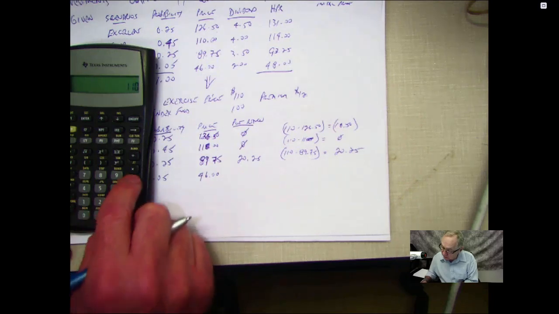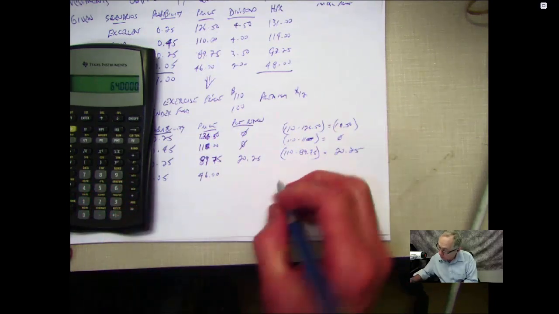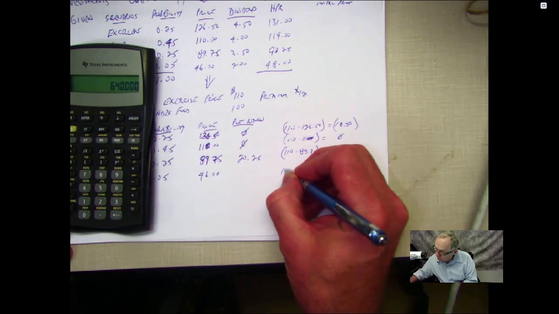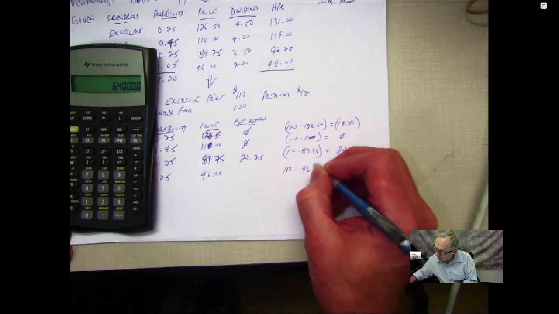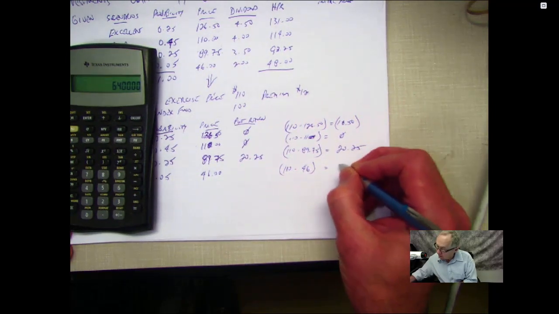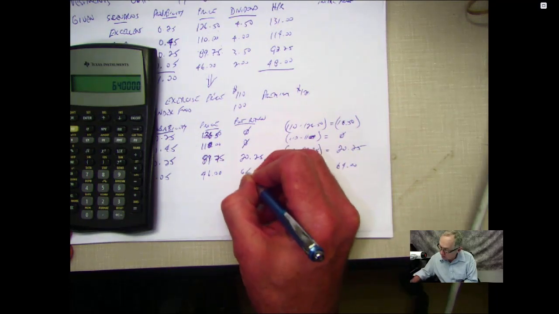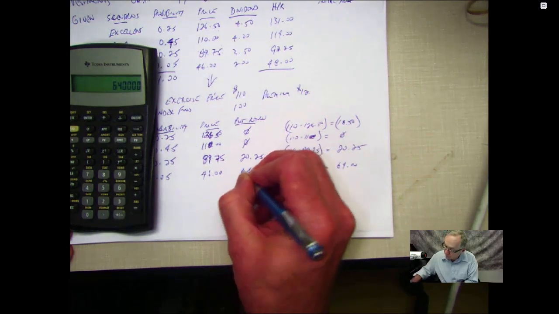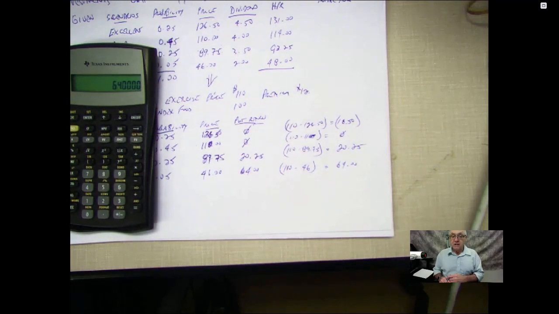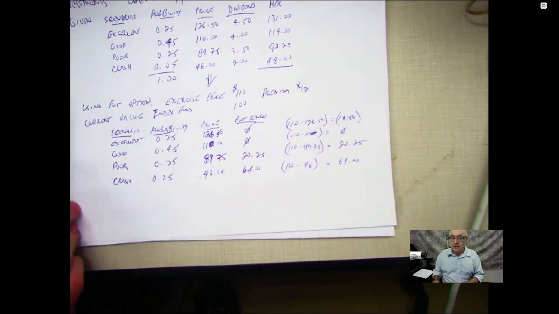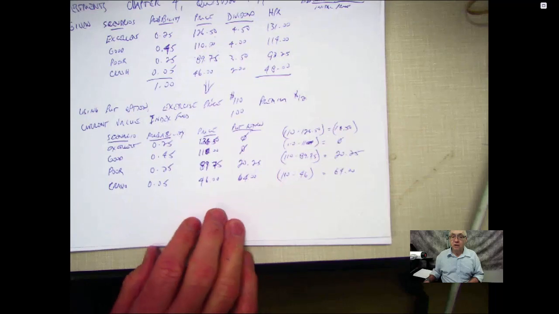And 110 minus 46 is $64 return from our put, $64 return for exercising the put option. And let's add all of this to our holding period returns.